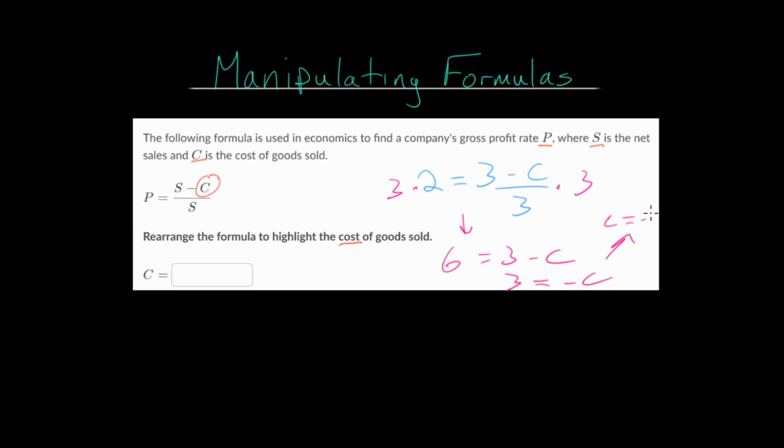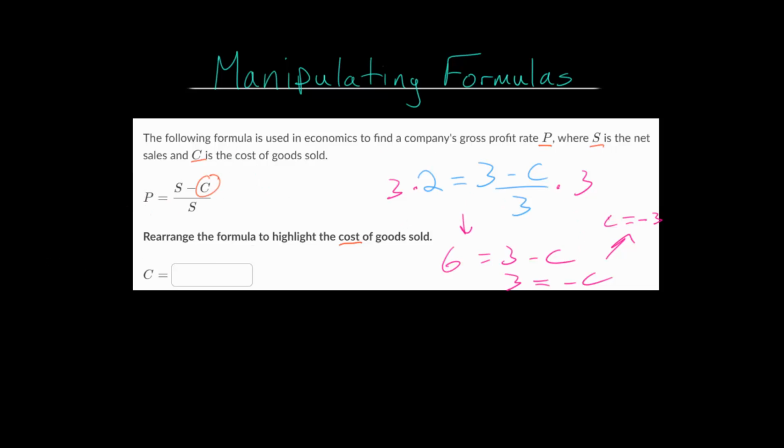So in this case, C would be negative 3. Now, of course, this just illustrates the strategy that we need to use. So we'll need to apply this to this formula to actually solve for C in terms of P and S rather than specific values of P and S.